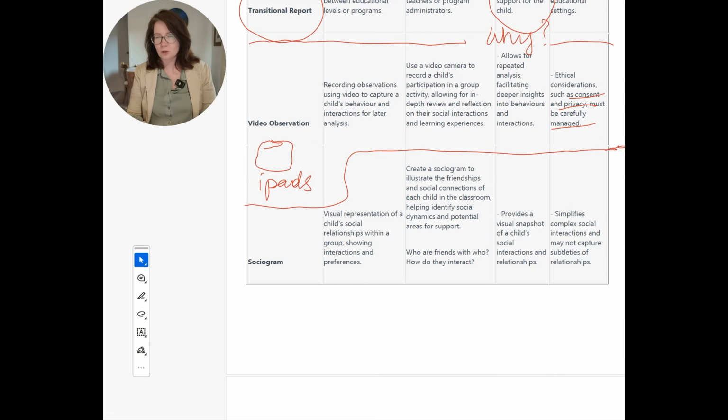They are time consuming in terms of looking at them, but you can always share them with interested stakeholders. For example, if you are talking about some kind of a behavior of concern or challenging behavior, dysregulation, with, let's say, an occupational therapist or psychologist, you can always show them the recording. Same with families. You have evidence, and this is good evidence to record child participation or lack thereof.